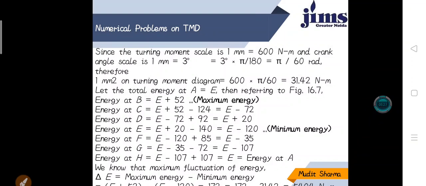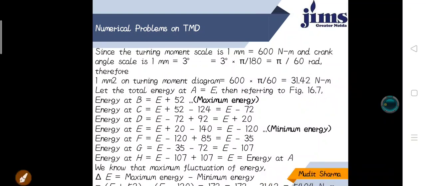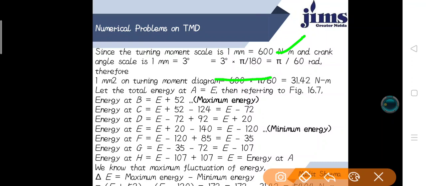We know that energy equals T into theta, that is the area covered by this. So 1 mm equals 600 Newton meter and 1 mm equals 3 degree, and we convert this 3 degree into radian, that is 3 times pi upon 180, which means pi upon 60 radian.